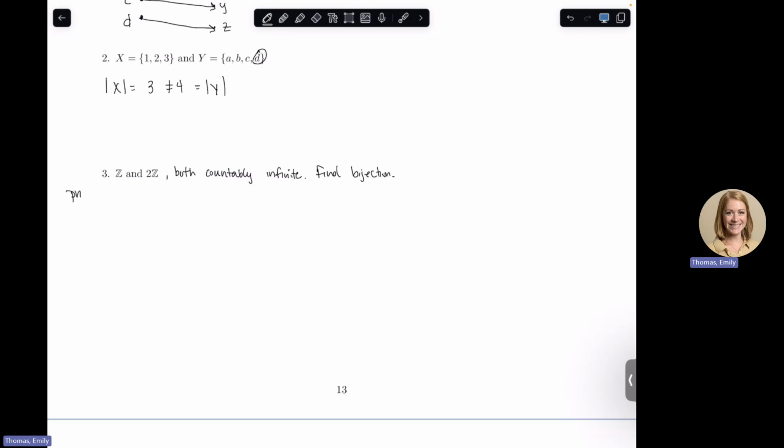So we will prove Z and 2Z have the same cardinality by finding a bijection between them.